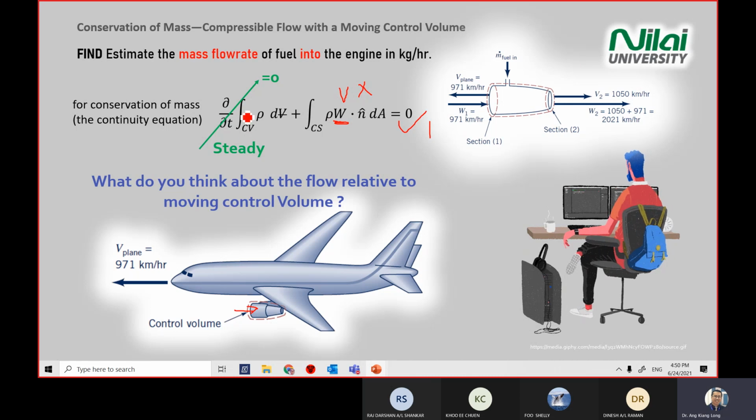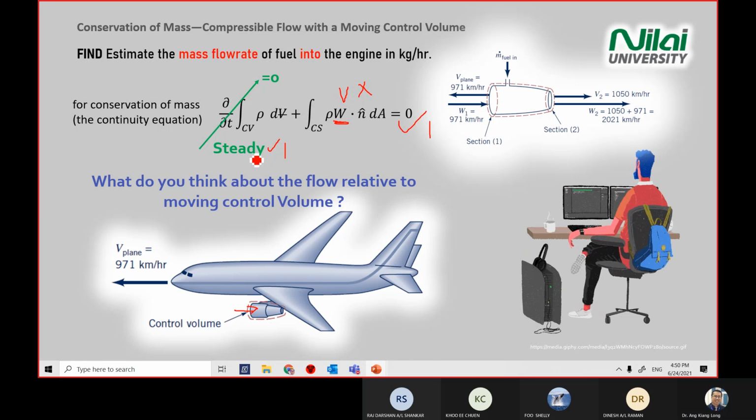So the next step is that you draw an arrow to cancel the control volume term. Then you write steady equals 0. Then you get another mark for the steady flow scenario application.